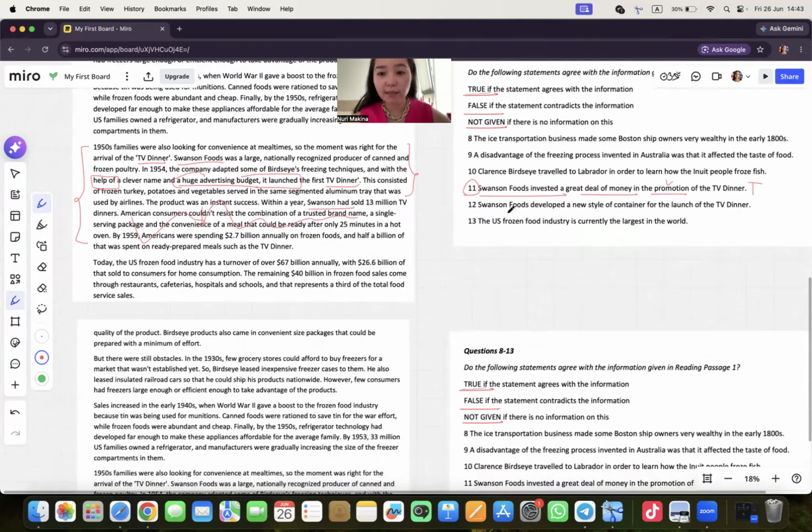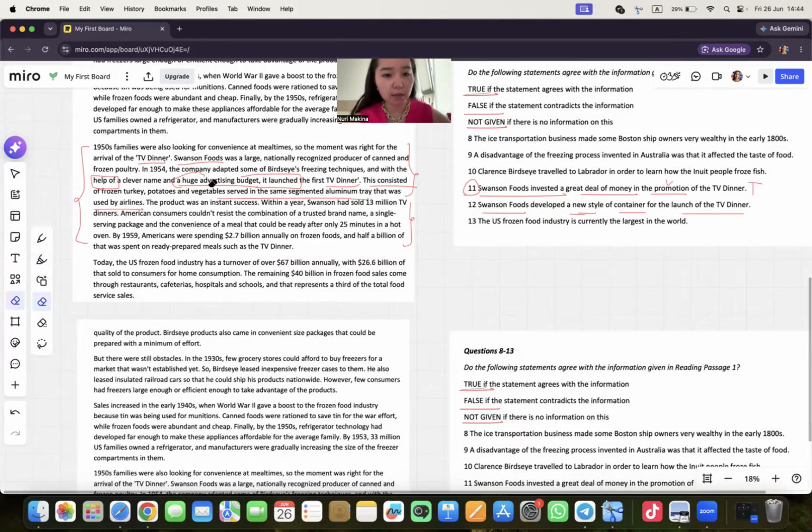Next, 12. Swenson Foods developed a new style of container for the launch of the TV dinner. Okay, we've got that earlier. If you remember, we have already read this part in the same paragraph. So Swenson Foods developed a new style of container for the launch of the TV dinner. Here: this consisted of frozen food, potatoes, and vegetables served in the same segmented aluminum tray that was used by airlines.